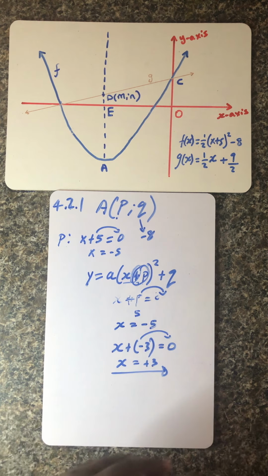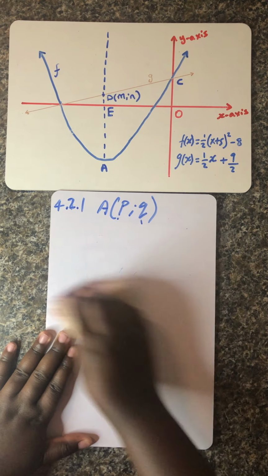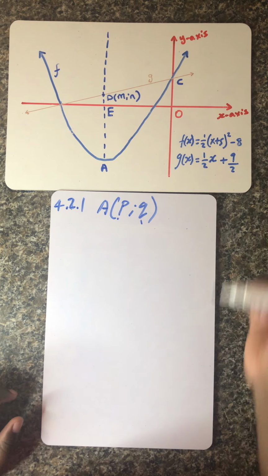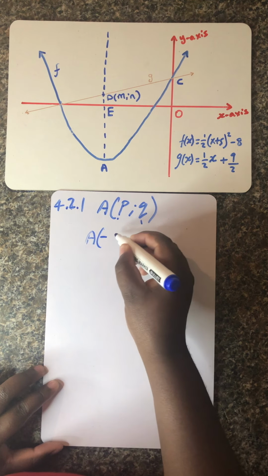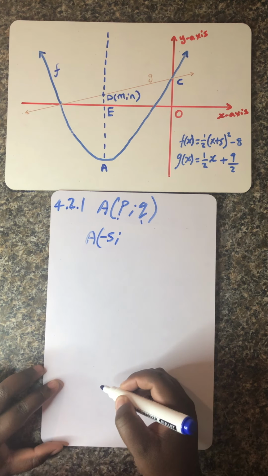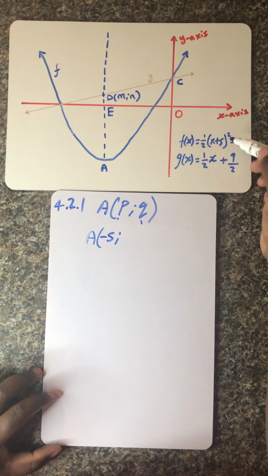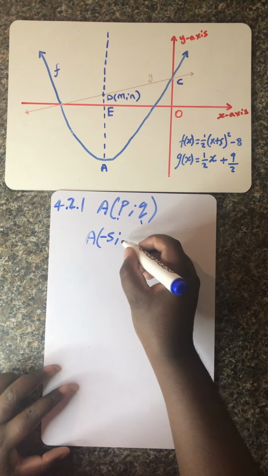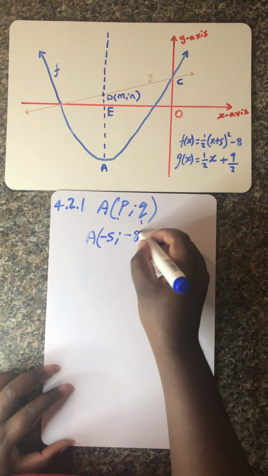I hope you now understand how to write the coordinates of the turning point when you're given an equation in that form. So the coordinates of A: x is negative 5. You just write whatever is given in the opposite sign, so if it was negative 9, you would say positive 9. Your q you just take as it is, so it's negative 8.